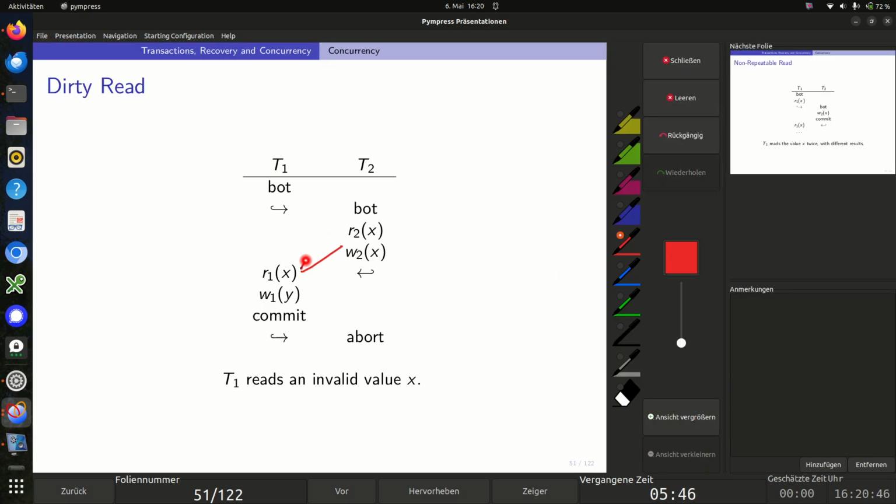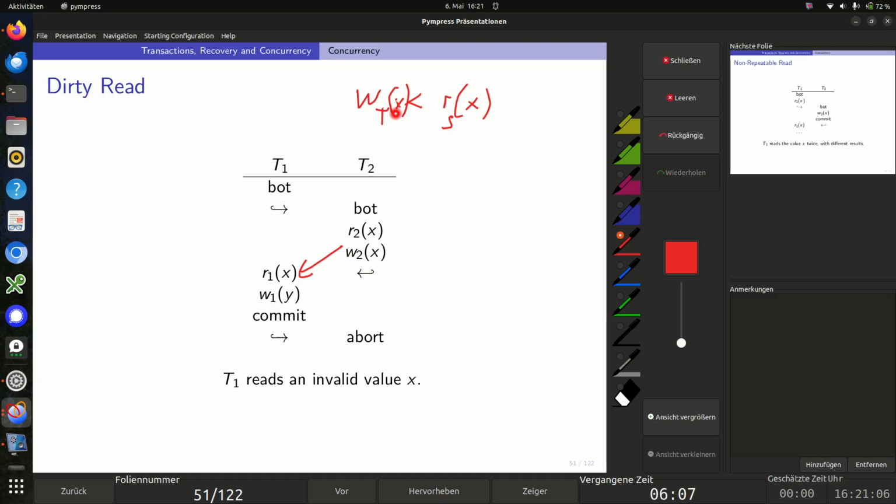This is important: as soon as there's a write of a transaction T, and then there's another one, S, that reads the same value, then we say this transaction S reads from T.